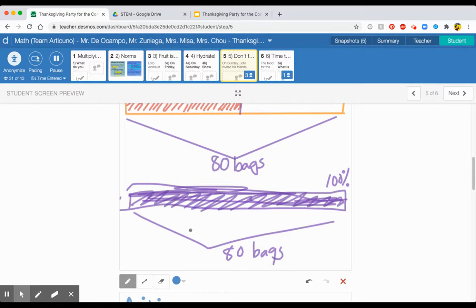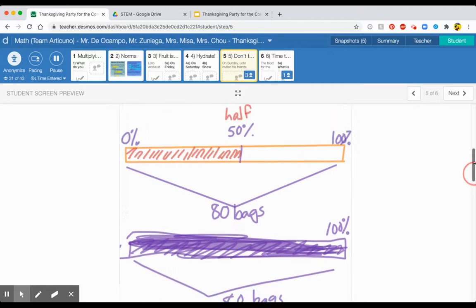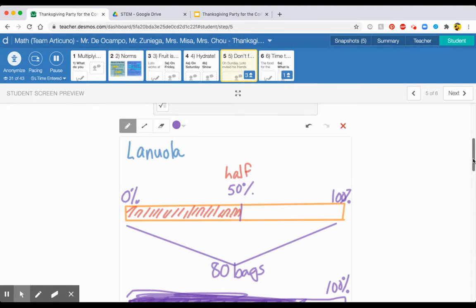This is just optional. You don't need to draw this part. But I'm just trying to get you all to understand that when we're talking about this whole 100%, we're talking about the whole, which is 80 bags. But remember, did Lanoola buy 80 bags?